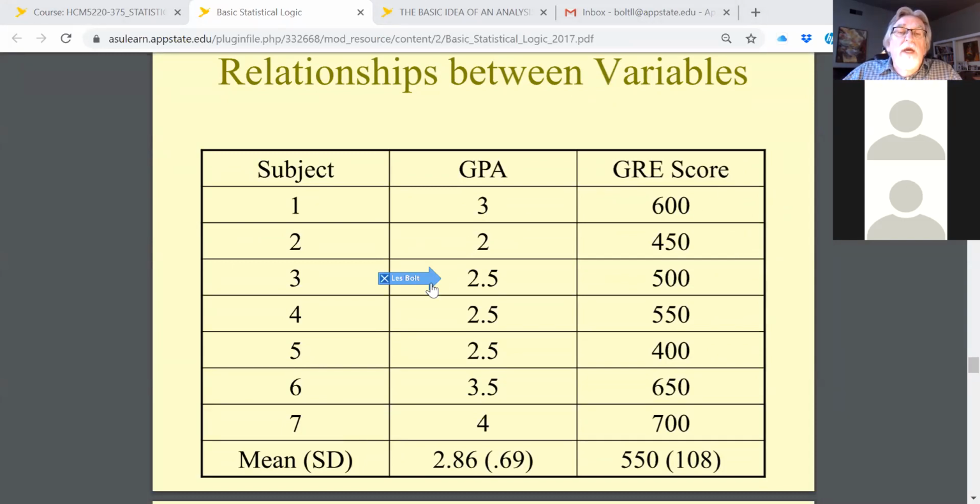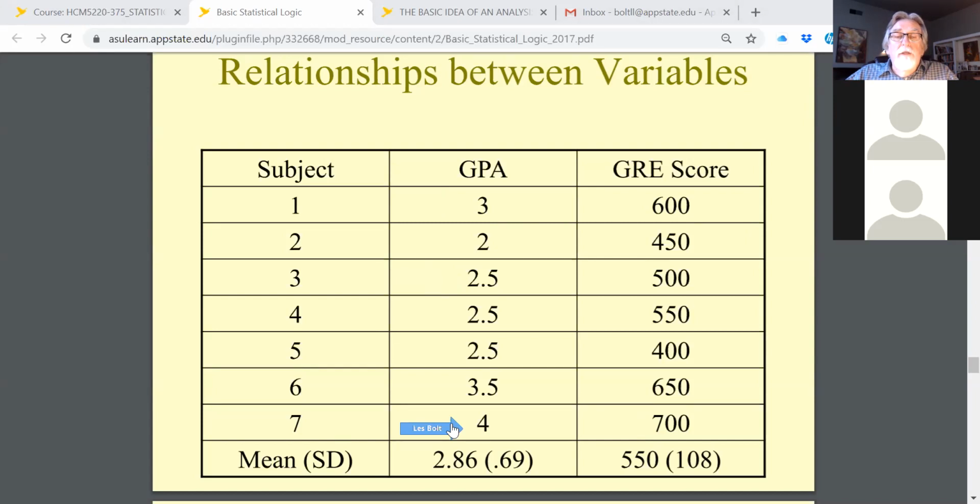And let's say we had, among 7 subjects, data on their grade point average at the end of the first year in grad school and their GRE score in the analytics area. For example, the first subject had an analytics score of 600 and a grade point of 3. The seventh subject had an analytics score of 700 and a grade point of 4.